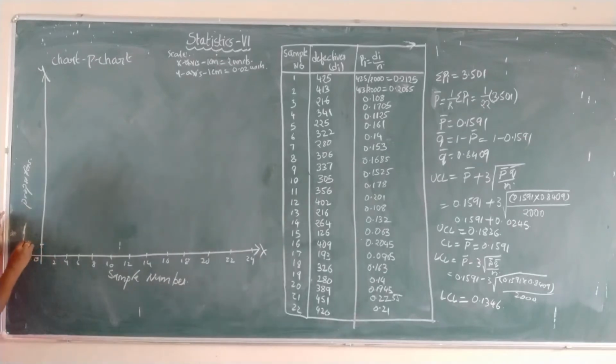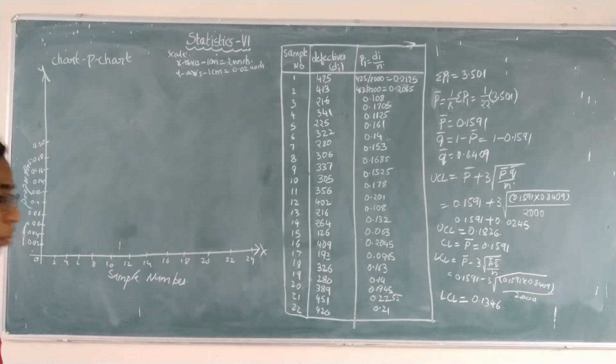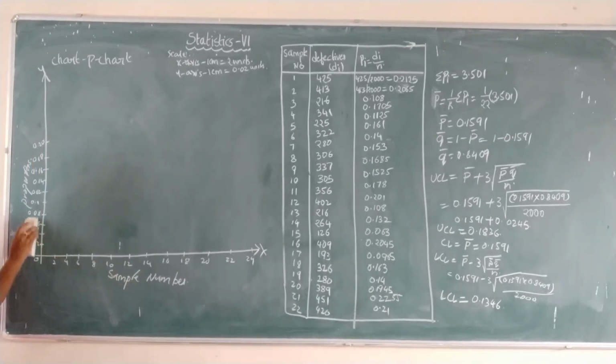So start with 0.02, next 0.04, 0.06, 0.08, next 0.1, 0.12, 0.14, 0.16, 0.18, 0.20. You can draw this axis a little bit bigger, I think it's congested.